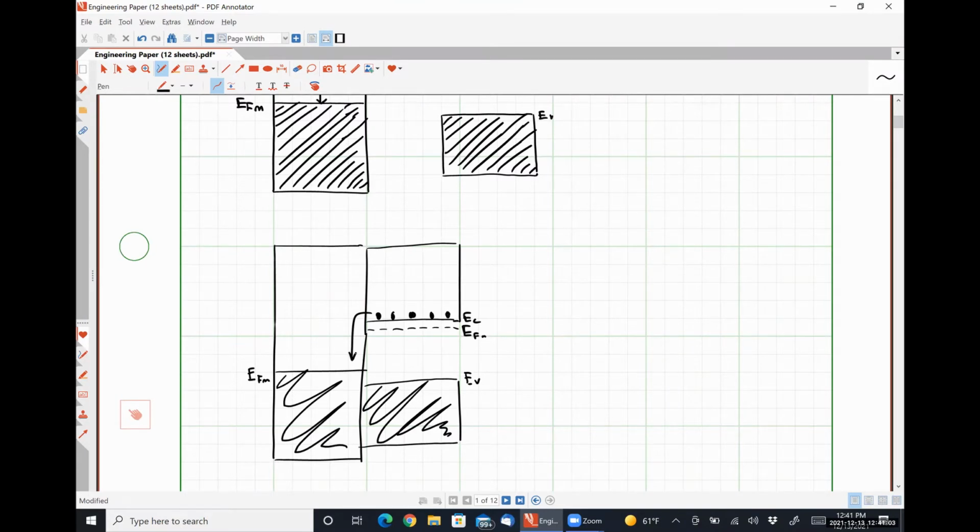Now, this isn't diffusion. And the reason why I say that is, let's say that the metal on the left-hand side were copper. For every copper atom in our crystal, it's going to have one free electron, and it has a density of electrons on the order of 8 times 10 to the 22 electrons per cubic centimeter.